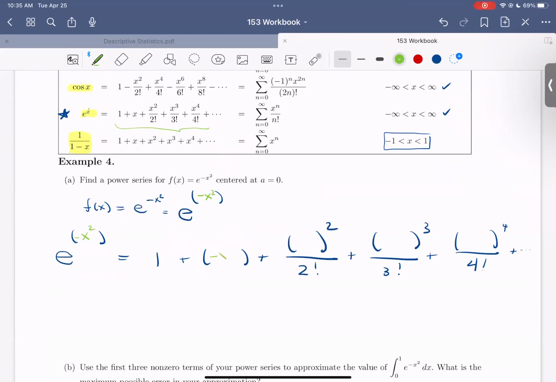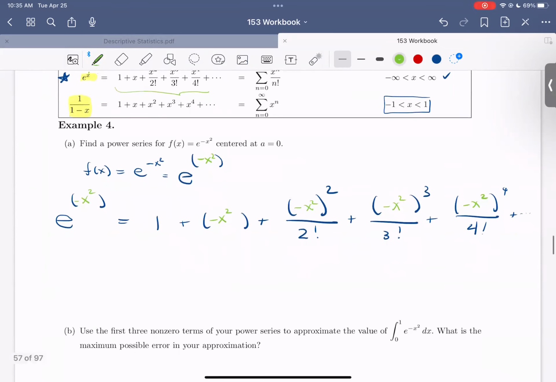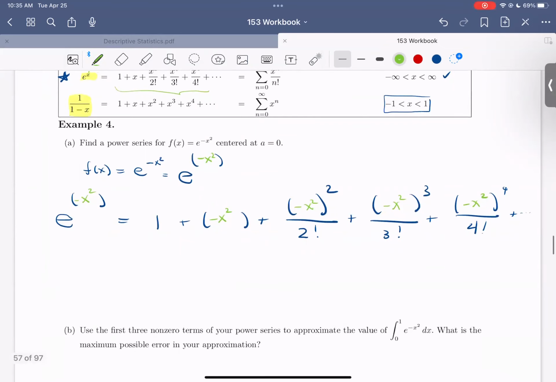So everywhere that I have these open parentheses, I'm going to put in negative x squared, negative x squared, negative x squared. So now I've created that power series for the given function, e to the negative x squared.